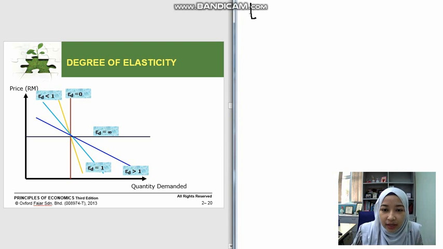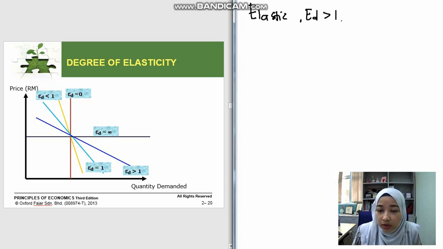elastic demand, in which your answer will be more than 1. So when you calculate elasticity and your answer is more than 1, it means that you get elastic demand. So how do you show an elastic curve on a graph?